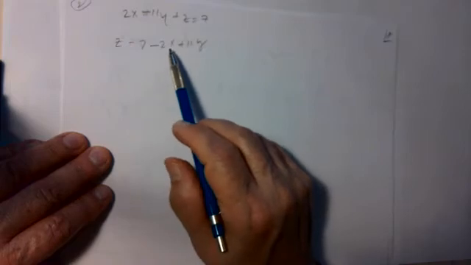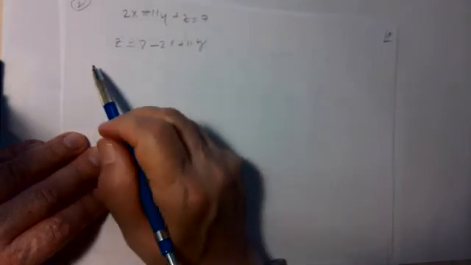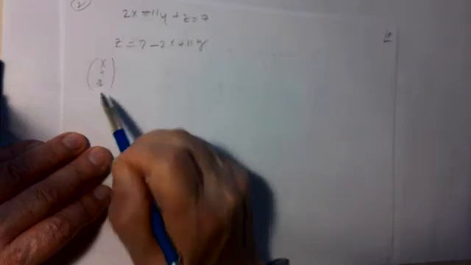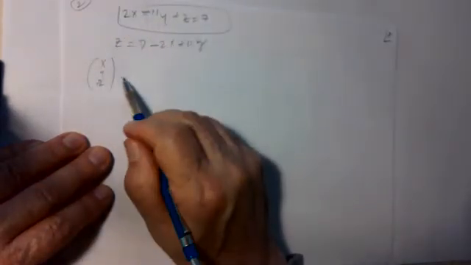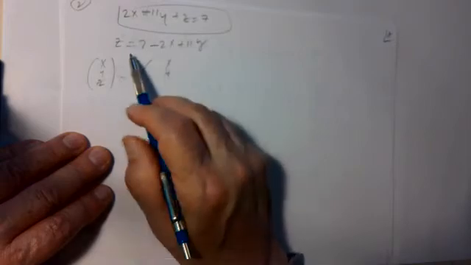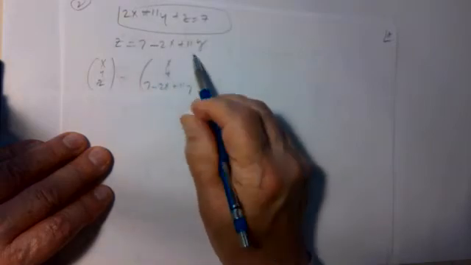So you give me any numbers for x and y. If I let z be this number, then (x, y, z) is a solution of this equation.